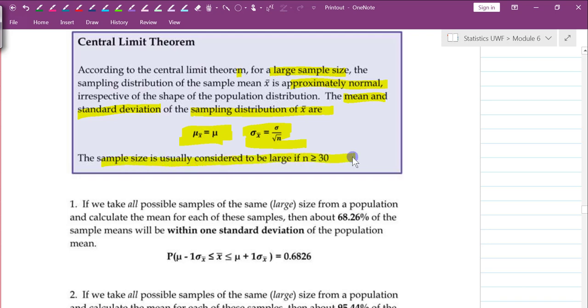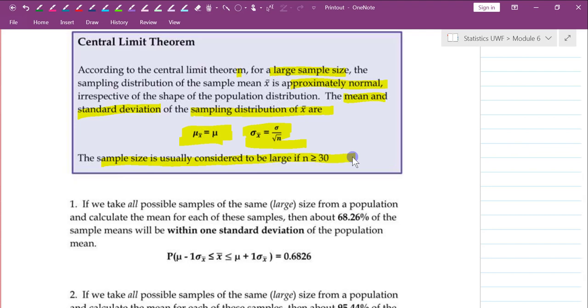Sometimes in real life applications, we need a larger n. But for this class and for your applications right now, we're going to say anything 30 or larger is sufficient to assume normality and invoke the central limit theorem when it comes to looking at the distribution of x bar. Okay, just remember in real life, it may be that you need something larger than 30.